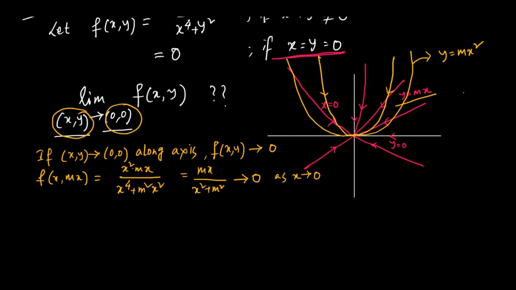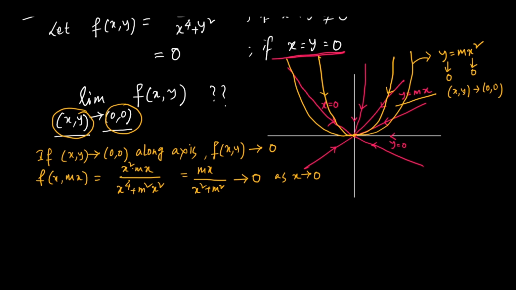So here also you can see x approaches 0 implies, if x tends to 0, y will tend to 0. That means along this path also you can reach the origin. So if I substitute y by mx square, then (x, y) tends to (0, 0) can be treated as x tends to 0 only.